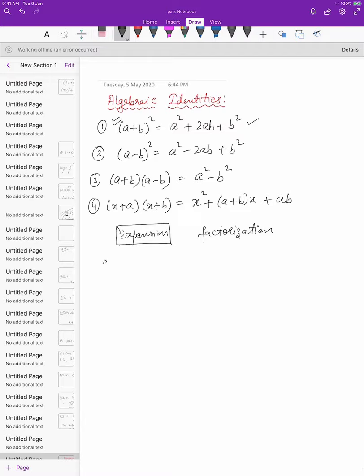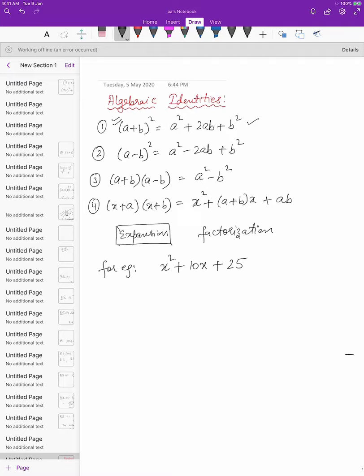Now let us take an example, suppose I say x square plus 10x plus 25. If this is an expression, let us see, this is already given in the expanded form. I think by looking at the expression you can easily make out whether it is given in the expanded form or in the factorized form.